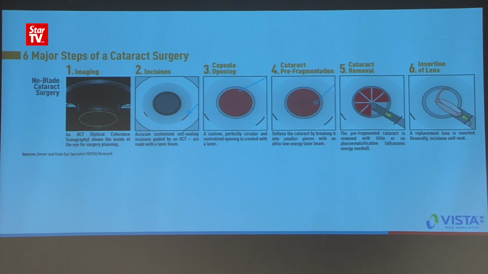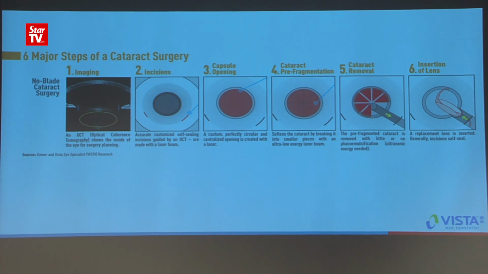Whereas if you ask me to make an opening with an instrument, that means the surgeon's hand is making the opening, and you can't always get a 5.4 mm opening consistently. Sometimes it's bigger, sometimes it's smaller. So the laser makes all the difference.